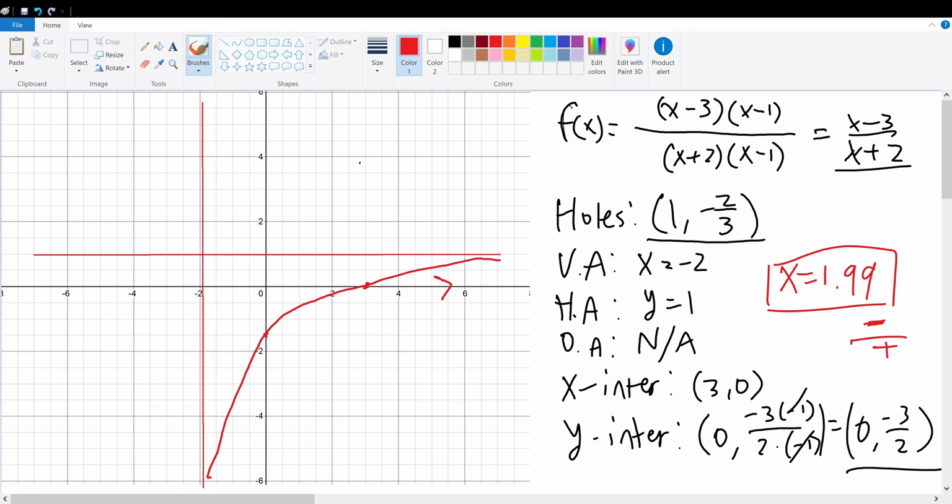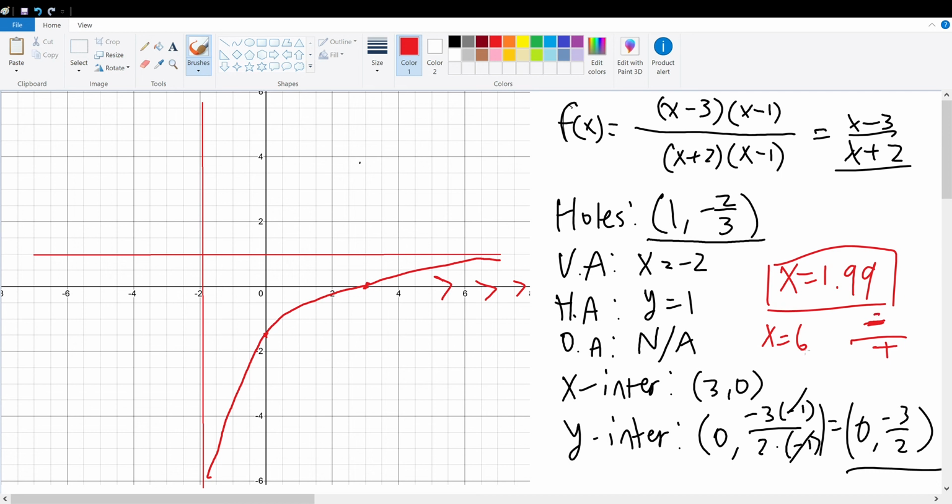So like it infinitely goes to the right. You can substitute any variable that's to the right of our x-intercept, 3 comma 0, and it will always be positive. Say 6, for example. Let's put x equal to 6 to find out whether this is true or not. 6 minus 3 will be 3. 6 minus 1 will be 5. 3 times 5 will be 15.